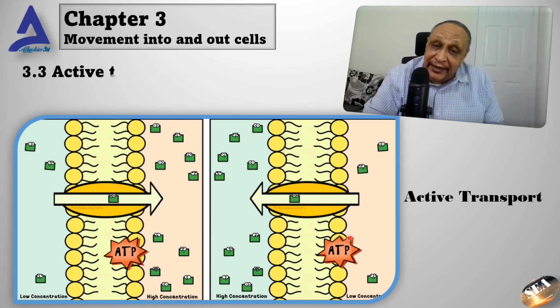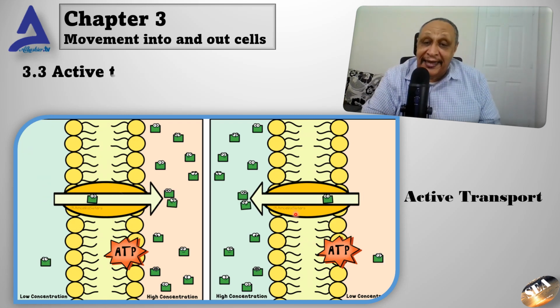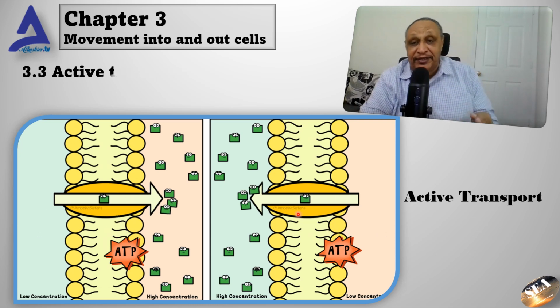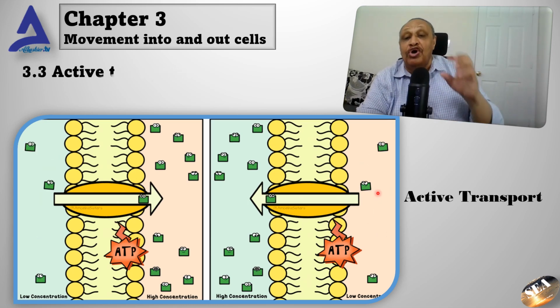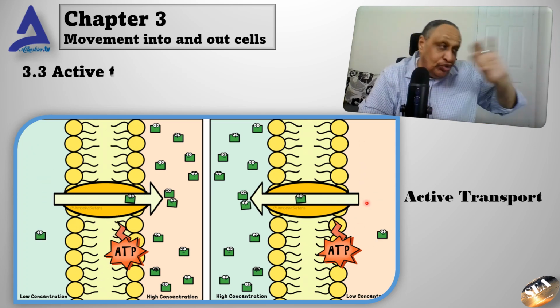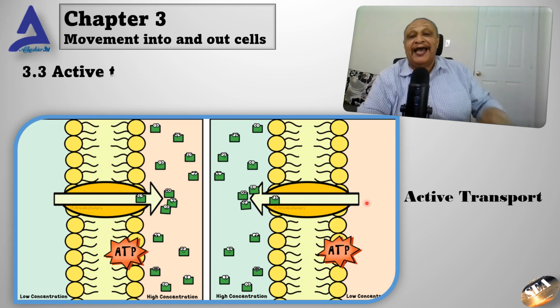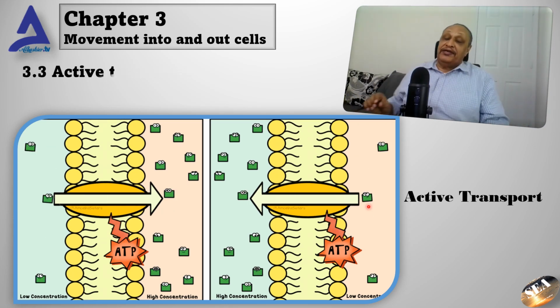How can we do that? Using active transport against the concentration gradient. That means this green molecule is going to move from low concentration to high concentration, against its concentration gradient.